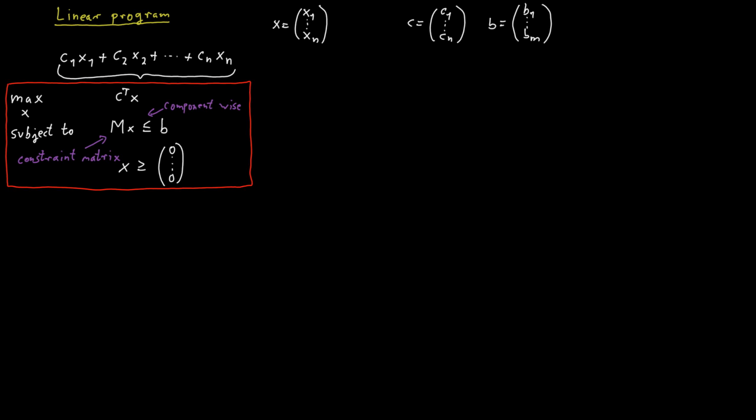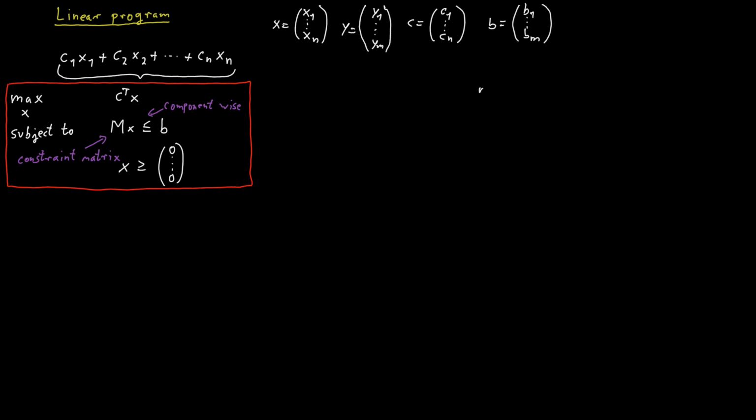Now, here I said we want to maximize, but it could also happen that you want to minimize. So we can also have linear programs for which we want to minimize a linear objective function. Let's say the variables for such a program are y1 to ym. And in this case, the linear program looks like this.